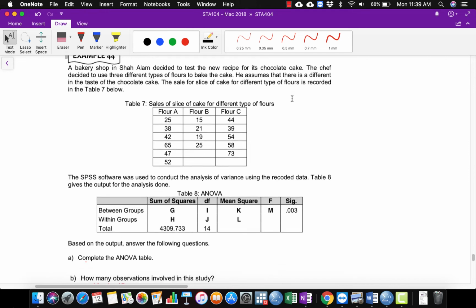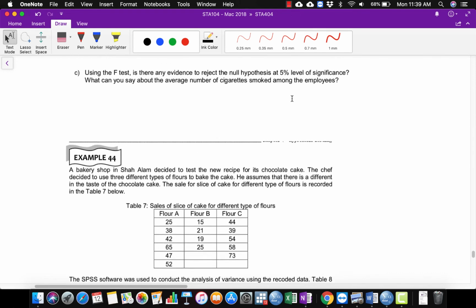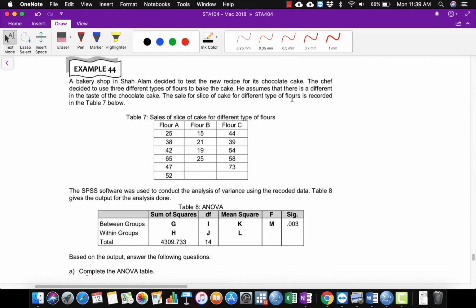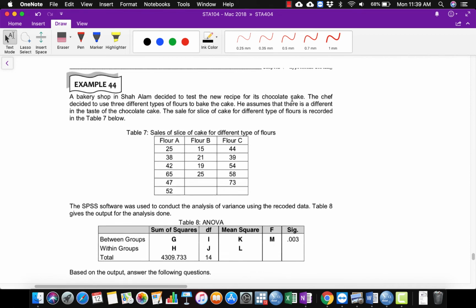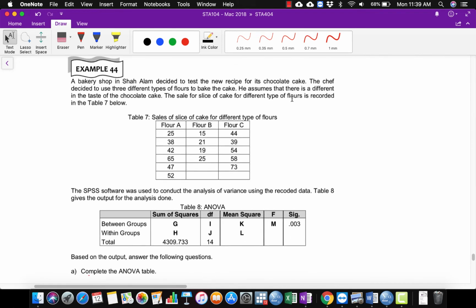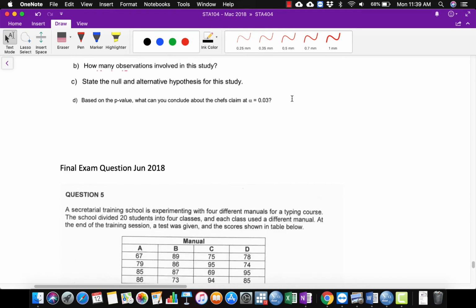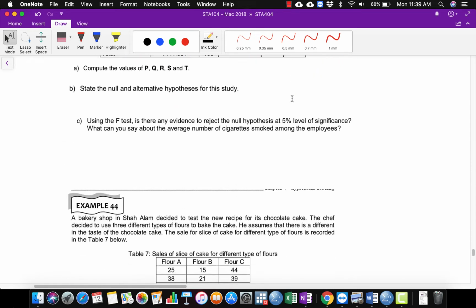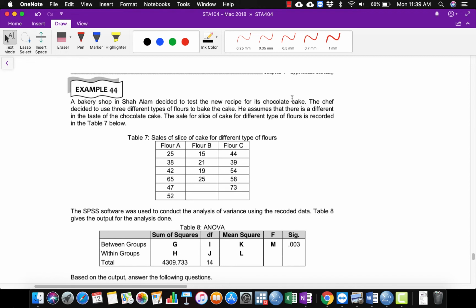So example number 44. Well, I just jumped to example number 44. So example number 42 and 43, you can do it by yourself, right?